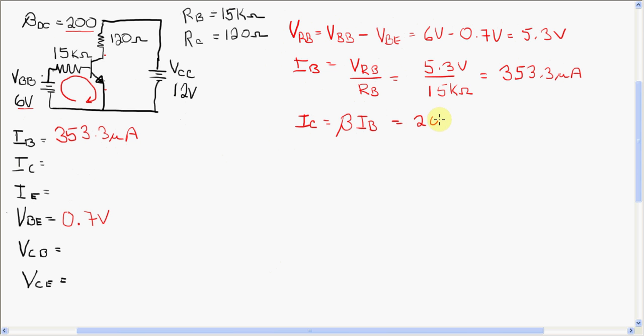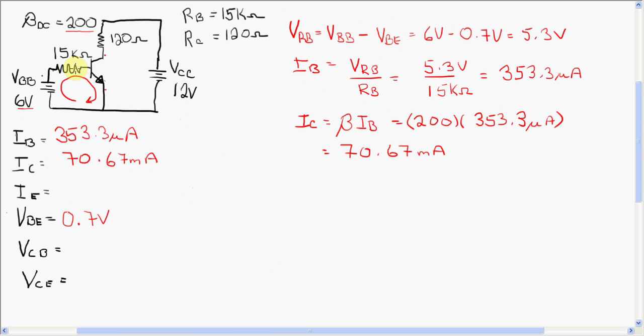We'd say 200 times 353.3 microamps, and that gives us 70.67 milliamps. So there's the collector current, beta times larger than the base.